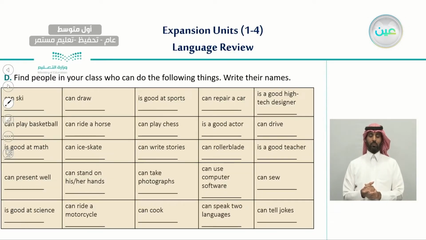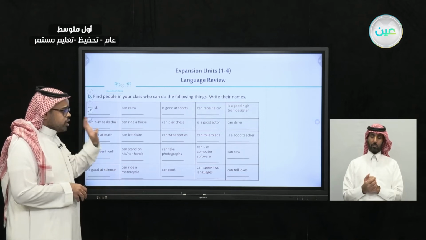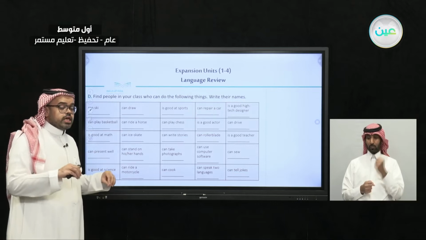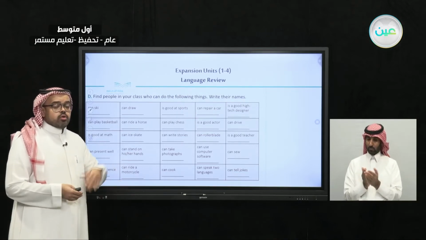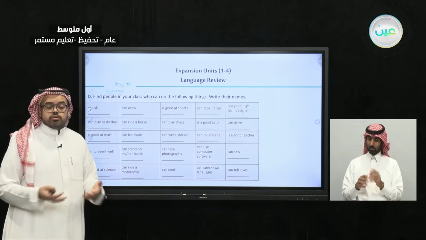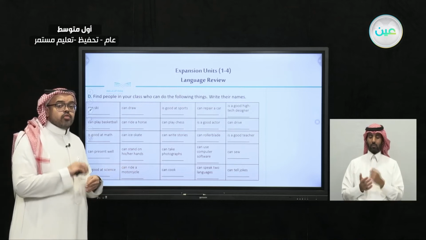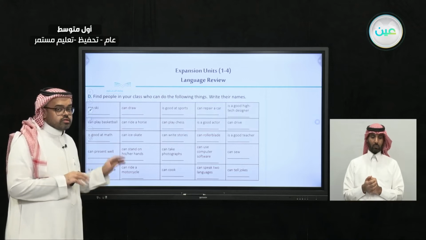Now, the other exercise we have for today is that I would like to find people in your class who can do the following things and write down their names. So here we have more than 20 activities, and what we need to do is to read each activity, and by interviewing or asking our classmates or family members or even friends about these activities, write down the name of a person who can do any of these activities.